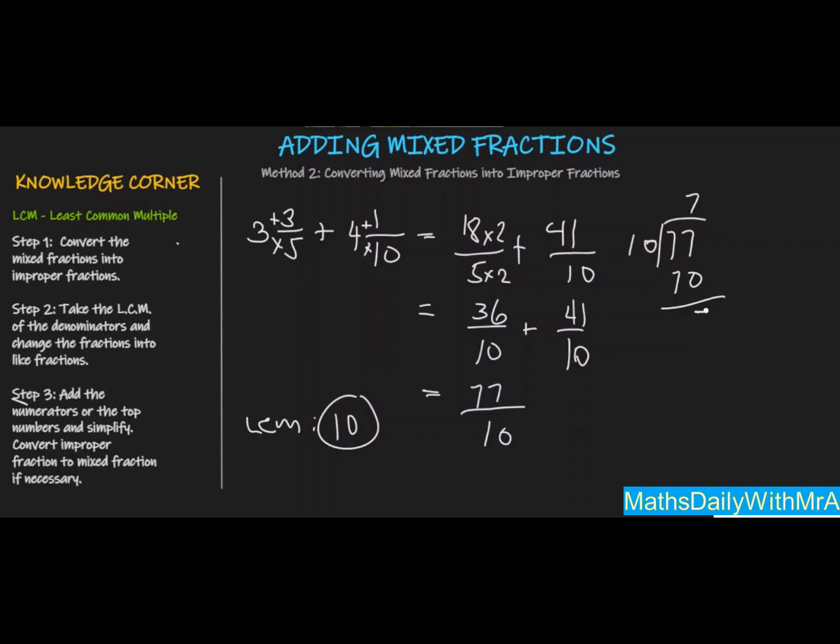This will give us remainder 7. 77 over 10 is equal to, let us take the quotient 7 as the whole number, the remainder 7 as the numerator, and the divisor 10 as the denominator. So 77 over 10 is equal to 7 and 7 tenths. So this is our final answer.